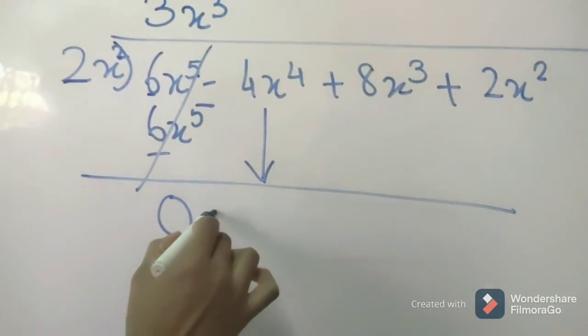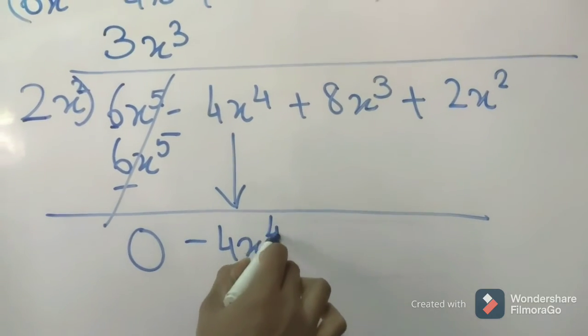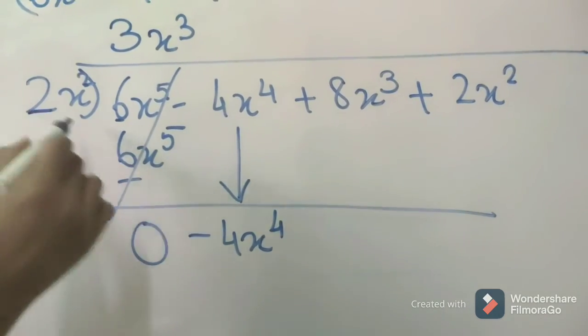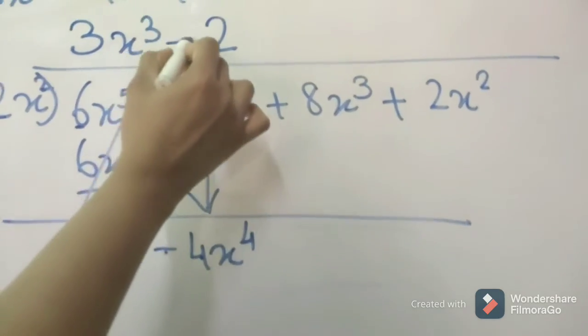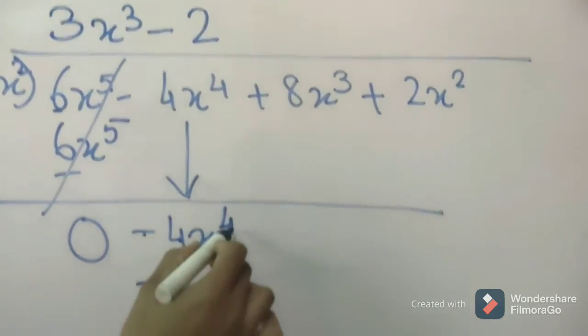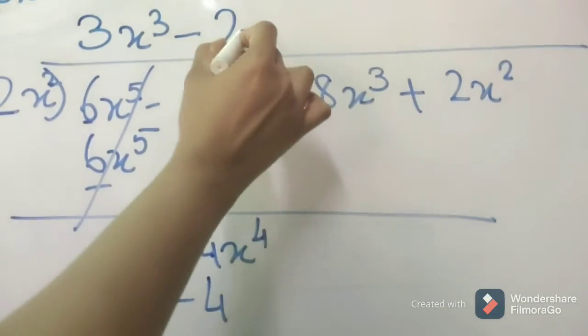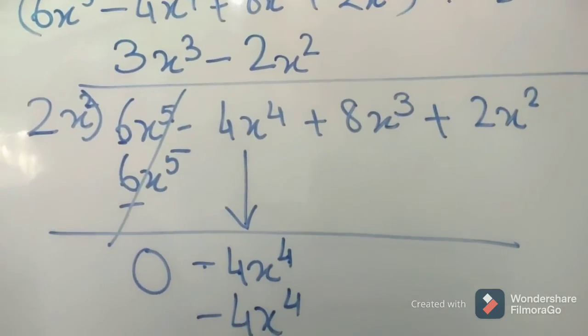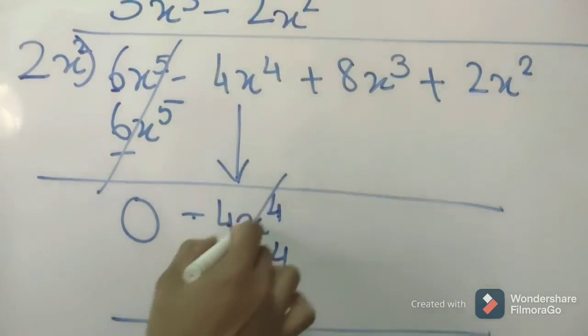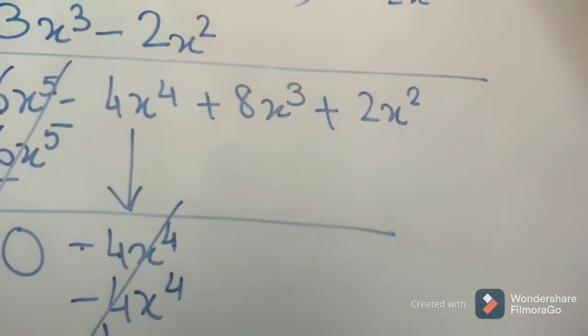The next term comes down, that is minus 4x raised to 4. Again in 2's table 4 goes 2 times. Now because there is a minus sign, I have to write minus here, so 2 2s are 4. 4 minus 2 is 2. I'm talking about the indexes, so I get x raised to 4. Again I have to change the sign, the term gets cancelled, I get a 0.